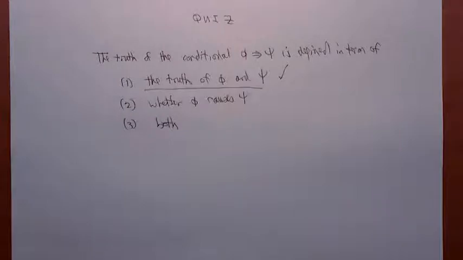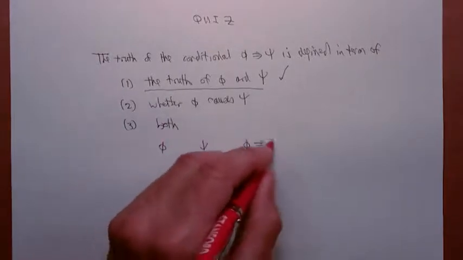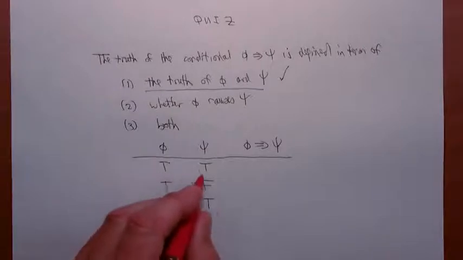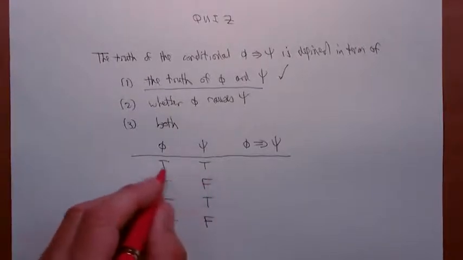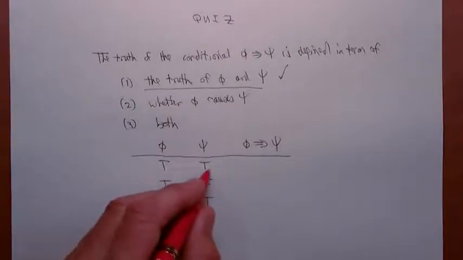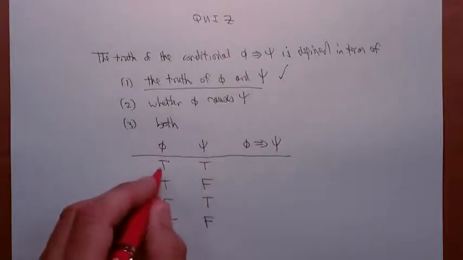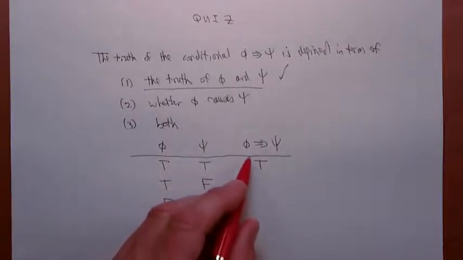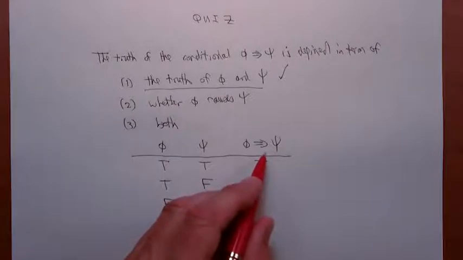And because we define the truth of the conditional in terms of truth and falsity in that way, it has a truth table. So let's see if we can figure out what it is. Well, I'm not giving you this as a quiz, by the way. I'm going to work this one through. This is tricky. We're not out of the woods yet by any means. So I'm going to lead you through this one. This part we've already looked at. We define the conditional as the truth part of implication.